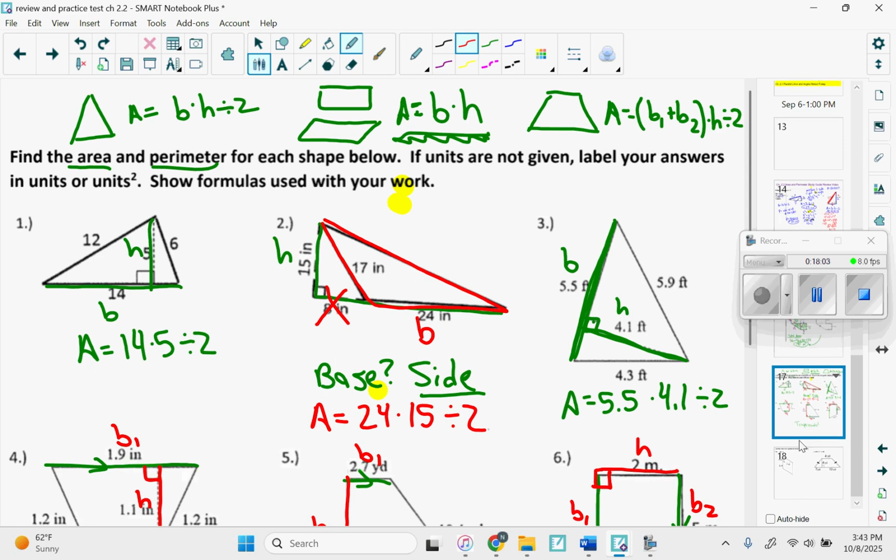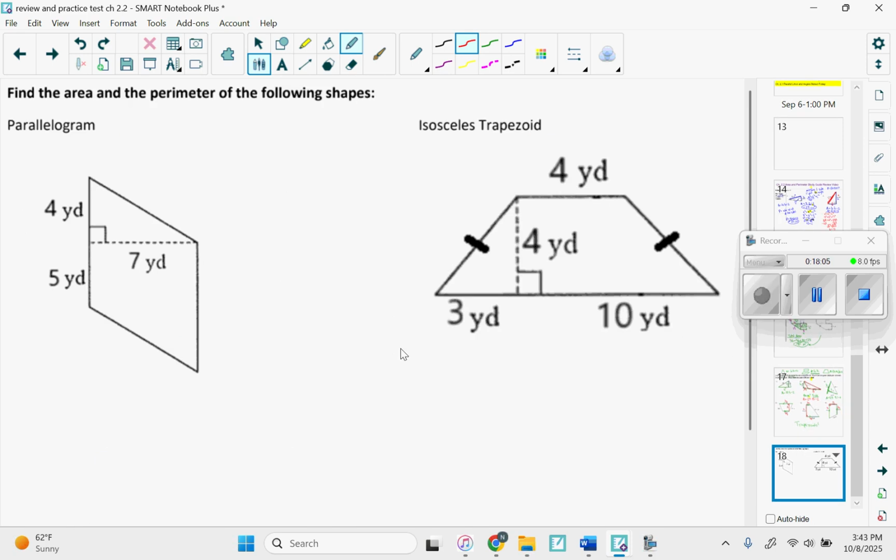All right, so one last set of problems. We're going to find the area and the perimeter of the following shapes. So here we have a parallelogram. So with a parallelogram, the formula, again, is area equals base times height. So just like before, we want to label where the right angle is.